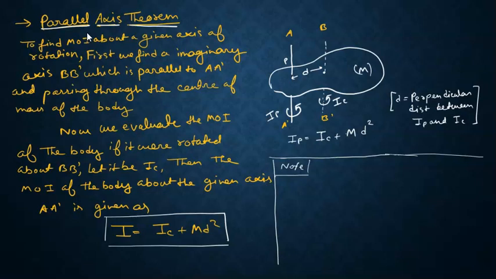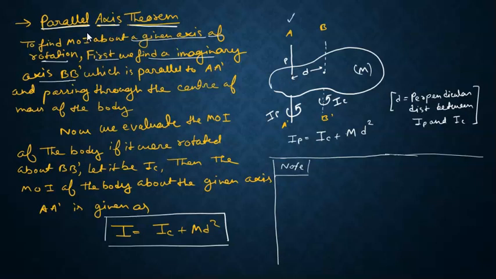So the first theorem, the parallel axis theorem, says that to find the moment of inertia about a given axis of rotation, means we will be given an axis of rotation, and first we have to find the imaginary axis BB dash.